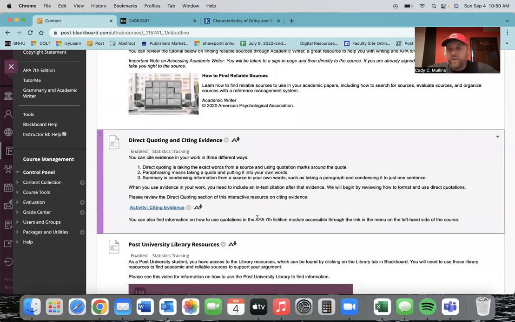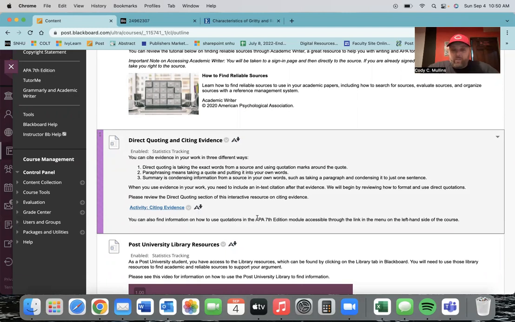The first is direct quoting, where you're putting in quotation marks the exact word-for-word quote from an article, a book, etc. Paraphrasing is where you take the quote and put it into your own words. In general, a paraphrase is about the same length as the original text. So if you're paraphrasing a paragraph, your paraphrase should be in your own words, not using any phrasing of or similar words to the original source, and should be a paragraph as well.